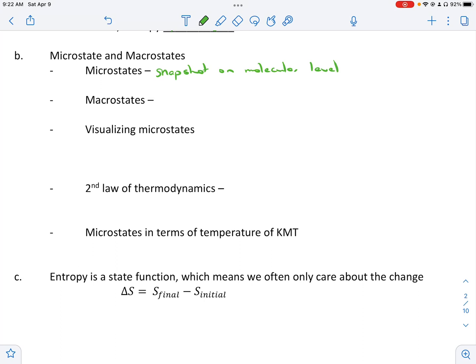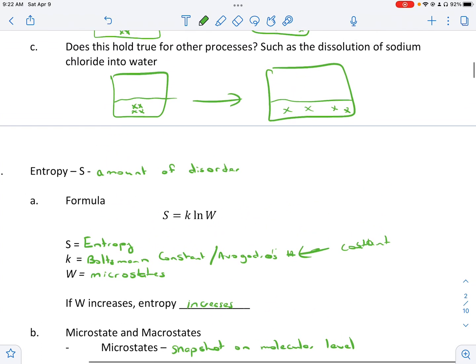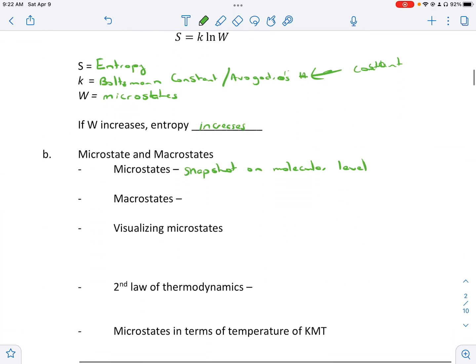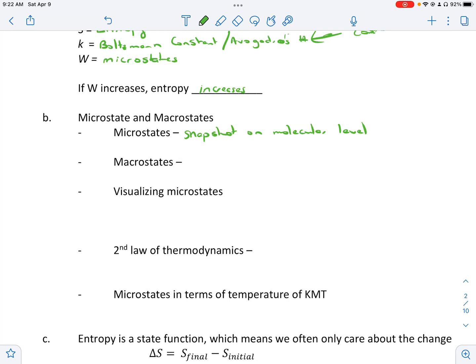So let's look back up to like our ice, right? There's not a lot of microshots or microstates here with the ice being solid, right? There is not a lot of movement of those particles. But as they spread out, we get more and more microstates. And as they're in the liquid, they are just continually moving. And so we have a ton of microstates. So that's where we have our entropy increasing.